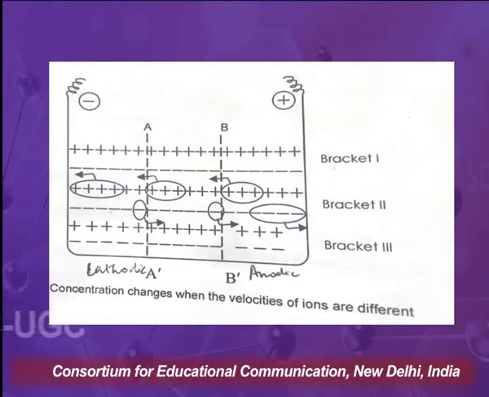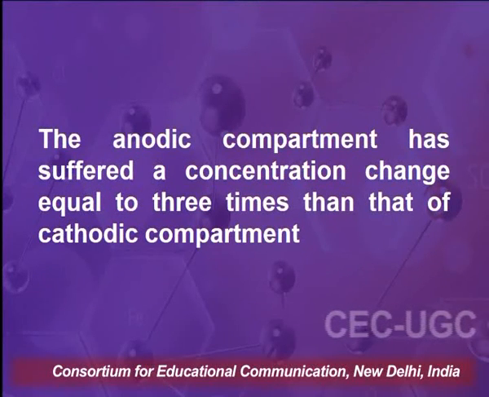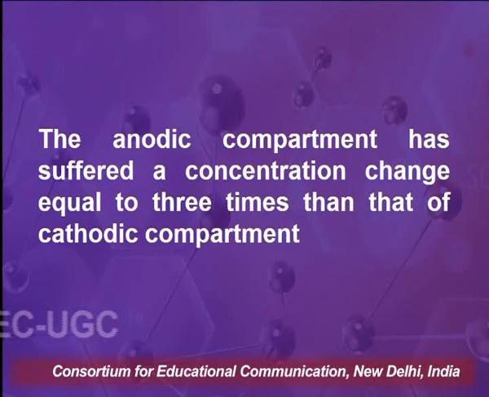And because the speed of cation is 3 times the speed of anion, 3 equivalents of cations are moving from the anodic compartment to the central compartment and from the central compartment to the cathodic compartment, whereas only 1 equivalent of anion is moving from the cathodic compartment to the central compartment and from the central compartment to the anodic compartment. Consequently, there are no changes in the central compartment. The anodic compartment has suffered a change equal to 3 times that of the cathodic compartment.